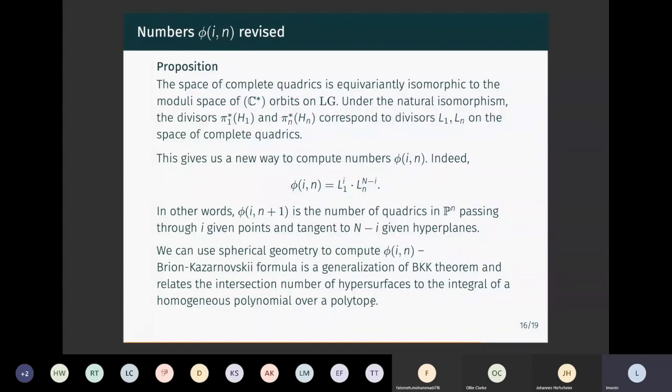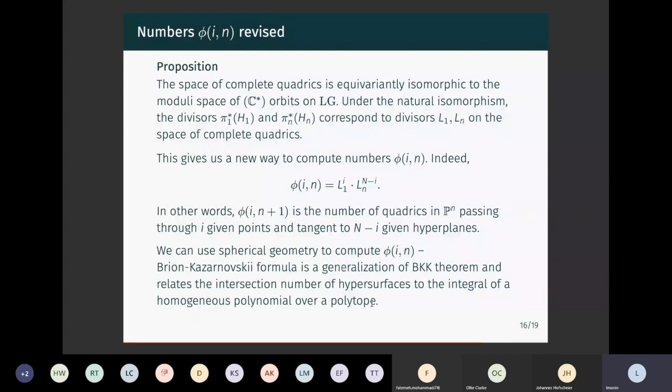because the polytope over which you integrate, in this case, you can write very explicitly. The polynomial which you integrate, you can also write very explicitly. And now you have a very explicit polynomial, very explicit polytope. Still sounds a little bit tricky, but it turns out that there is also a formula due to Brion.